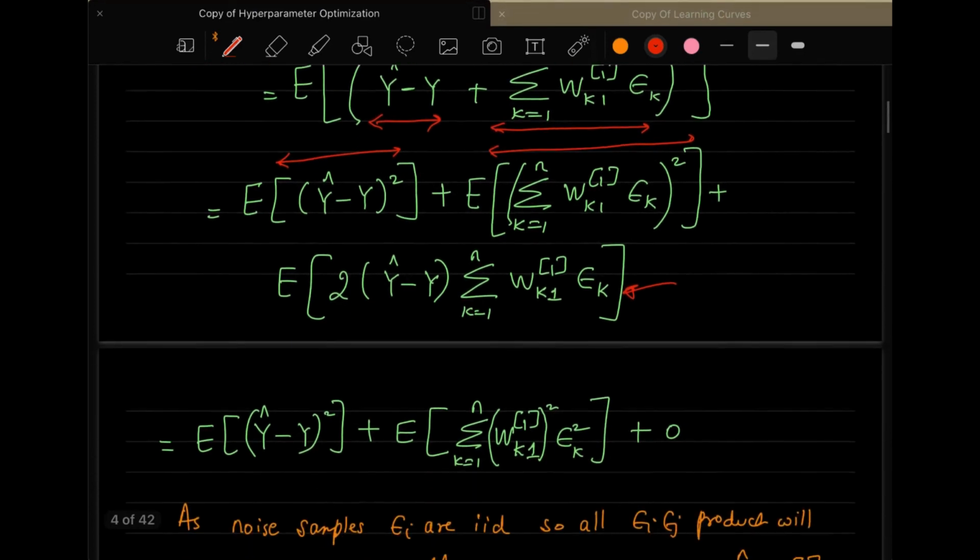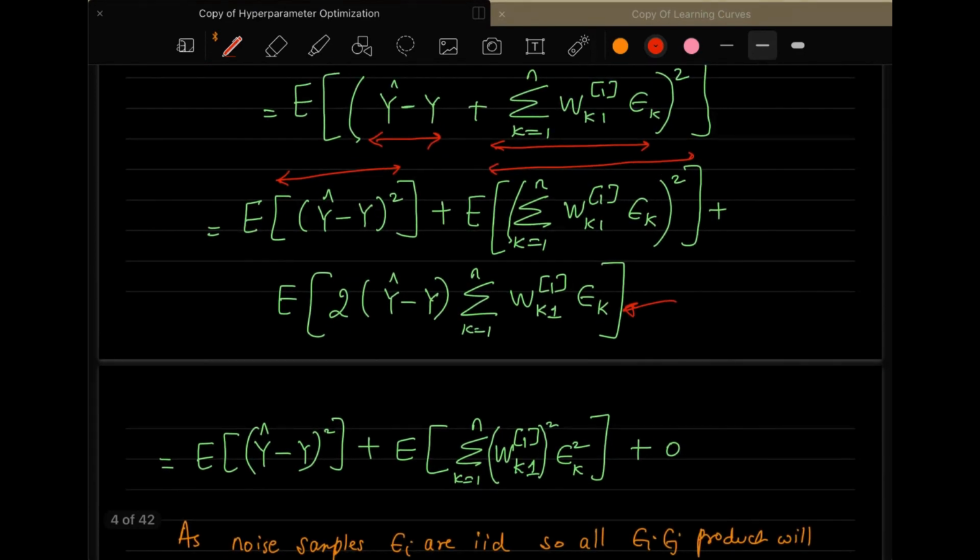Now we will see the important things coming up here. First of all, look at this one and this one. Here, y hat minus y is a random variable which is completely uncorrelated with epsilon naught k. Why is there no correlation?